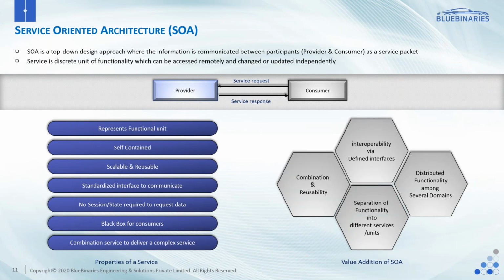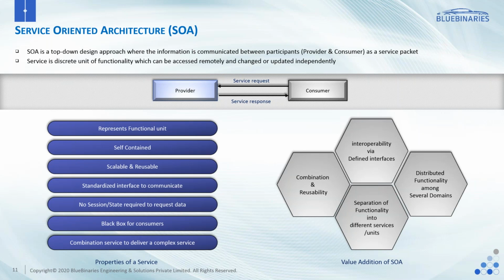So a complex service can in turn have multiple services inside. By this you can handle more complex functionalities. So if you see the values of the service oriented architecture, interoperability via defined interfaces, where you can easily transform from traditional communications to a service oriented architecture communication with these standardized interfaces, which would enable you to do this interoperability.